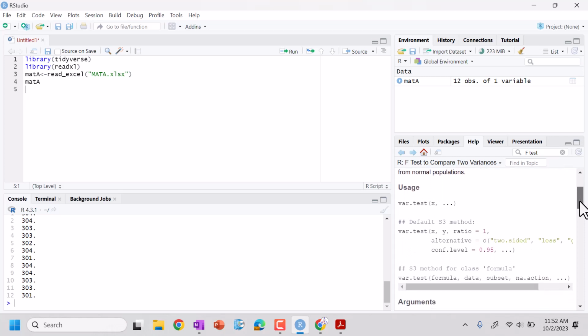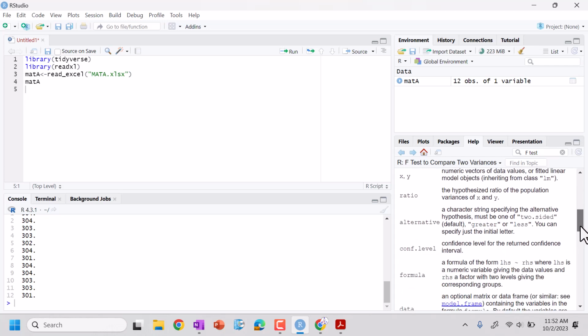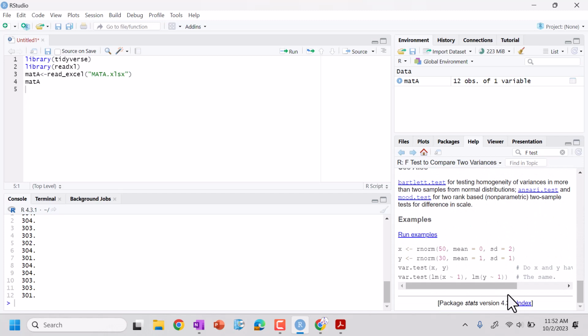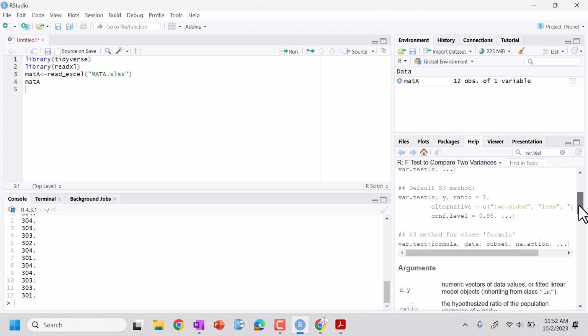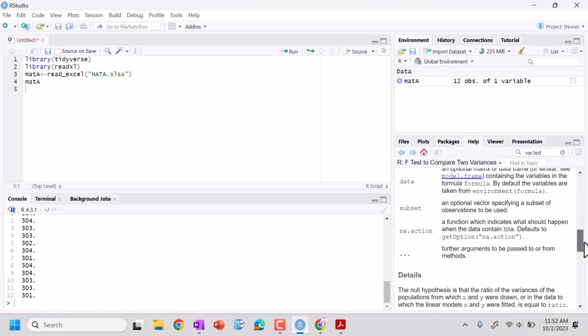You can see x and y, so it's looking at those data sets, but x and y have to be numeric values. You can also look at the hypothesized ratio there too. You can see some examples here where you do x and y and run the F-test. That's your var.test, but again, we're not comparing two different samples for this particular problem.